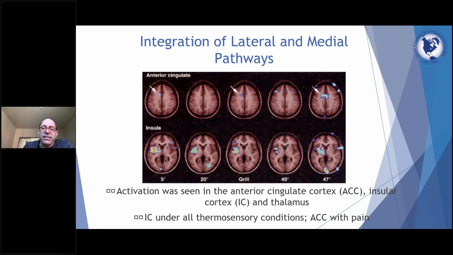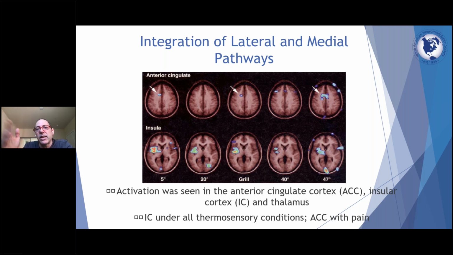So what this implies is that the so-called lateral pathway of lamina 1 to the insula through the parabrachial nucleus and through the ventromedial posterior thalamus, that's a site of sensory integration for a range of sensory inputs, and it integrates it as well with cardiovascular and visceral responses and emotion. And the insula you can think of as sort of the area that assesses incoming stimuli from the body, and if they fall outside a certain parameter, it disinhibits or allows activation of the anterior cingulate, which creates the consciousness of pain.